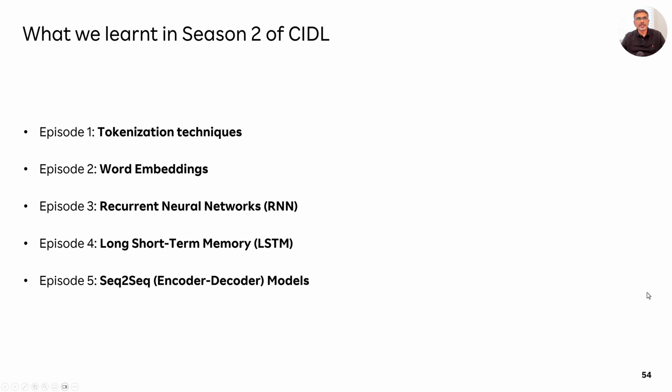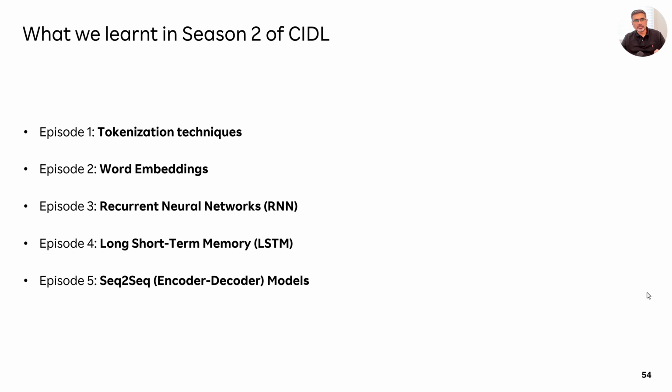Okay, so with this we pretty much conclude season 2. In season 2 we studied many things. We studied tokenization techniques, where you can break long sentences into individual tokens. I explained how things like byte pair encoding work, which GPT, Grok, Gemini and all these models use, as well as things like word piece tokenization. I also explained what word embeddings are. I gave you an overview of recurrent neural networks, went into the depths of why they're constructed that way and how they work, and gave you a use case of when to use them, both for processing text as well as for time series.